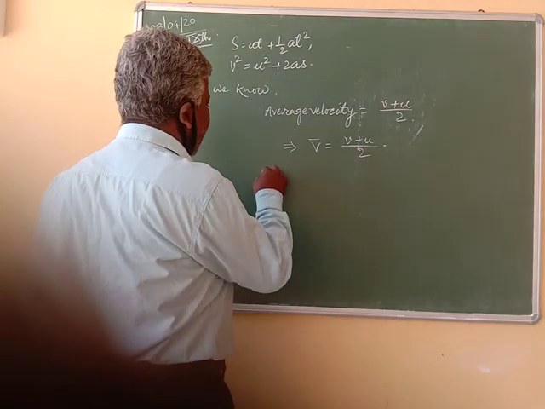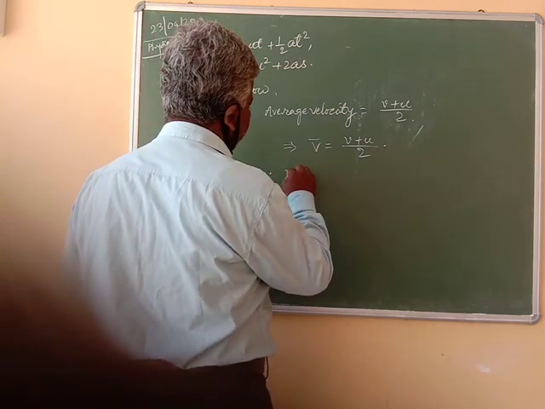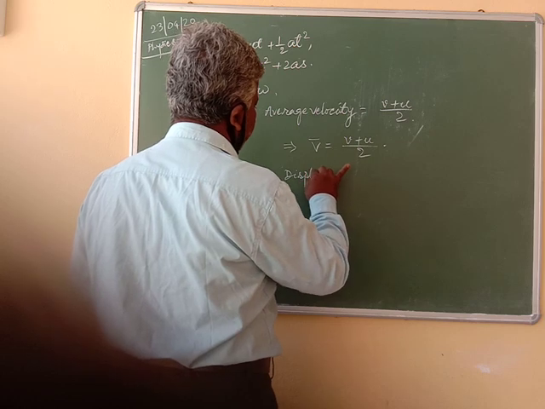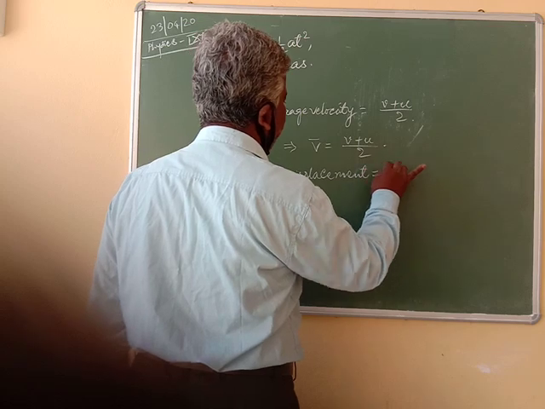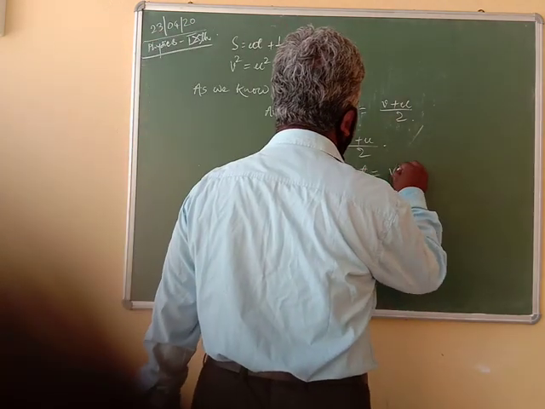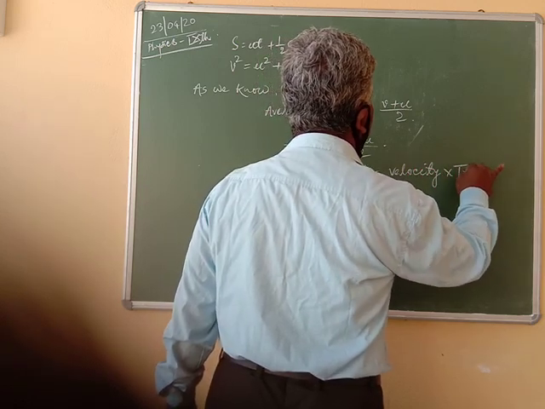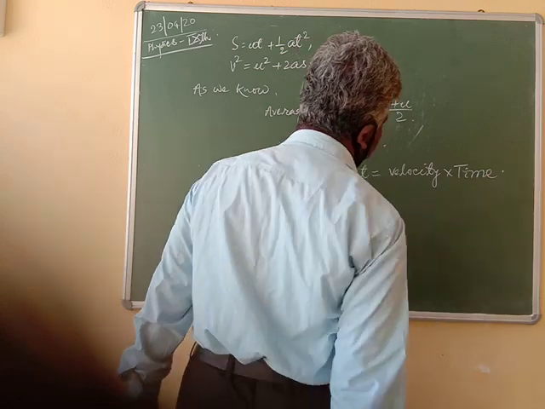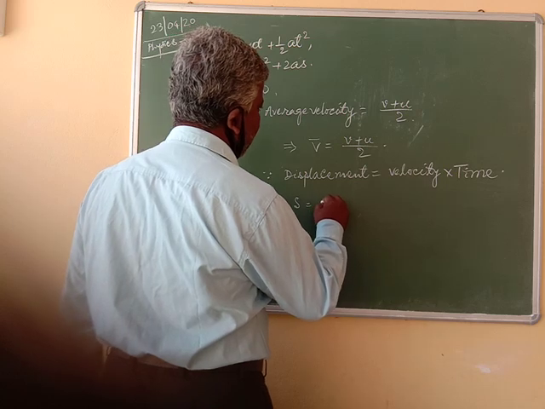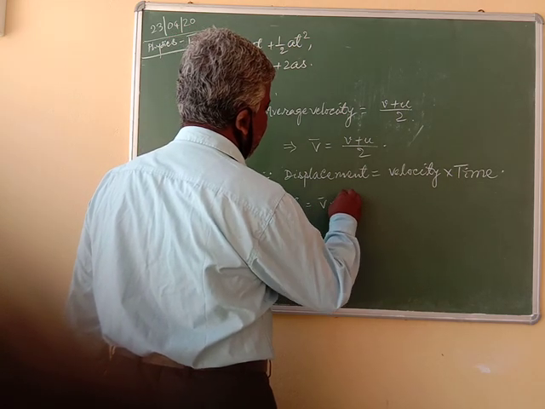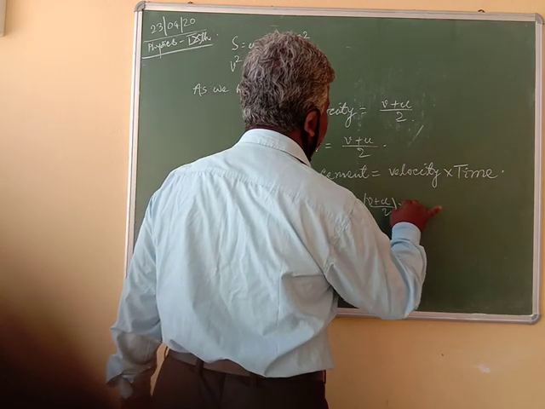Now as we know that distance or displacement is equal to velocity into time, so that s is equal to average velocity into time, that is (v plus u) by 2 into t.